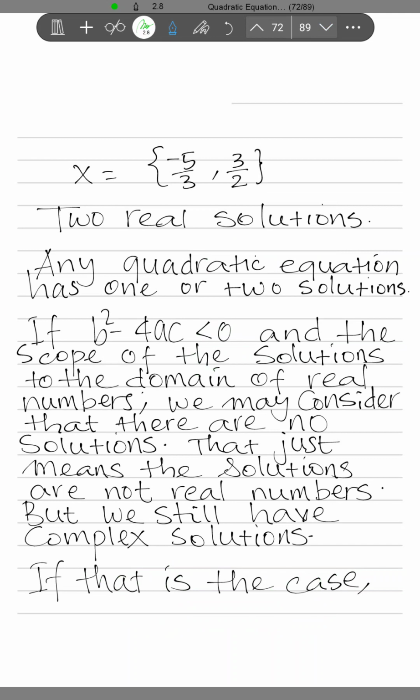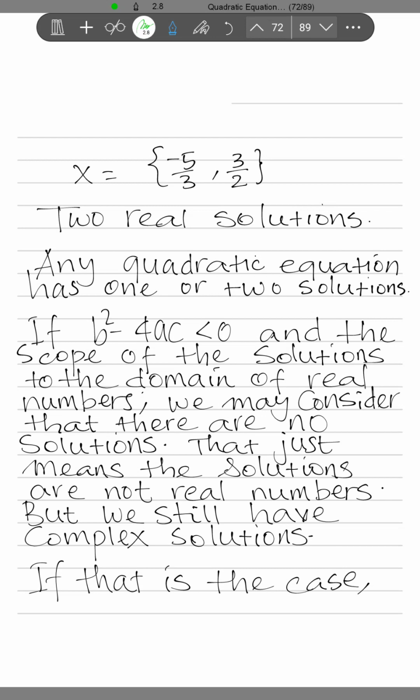Now we have two real solutions, which are minus 5 over 3 and 3 over 2. Any quadratic equation has one or two solutions. As a summary, if b squared minus 4ac is less than 0, and the scope of the solution, or simply the domain of the solution, is real numbers, then we may consider that there are no real solutions.